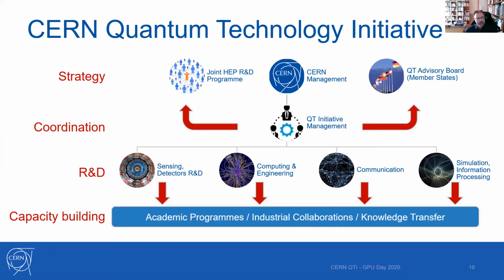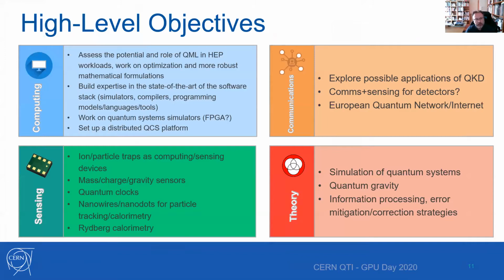So what has happened until now? So far we have defined a set of high-level objectives for the 4 areas of investigation: computing, sensing, communication, and theory. Again, these are very high-level objectives. So these are our starting points.